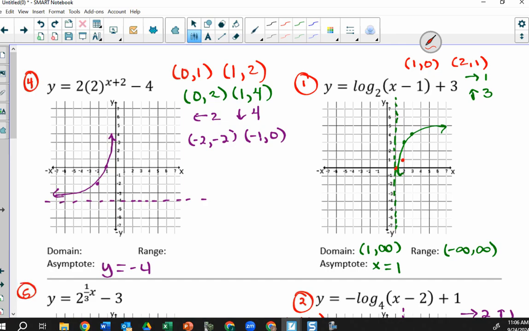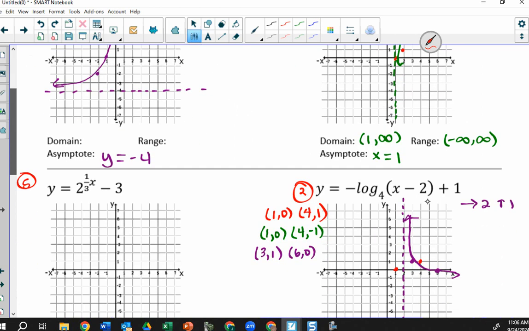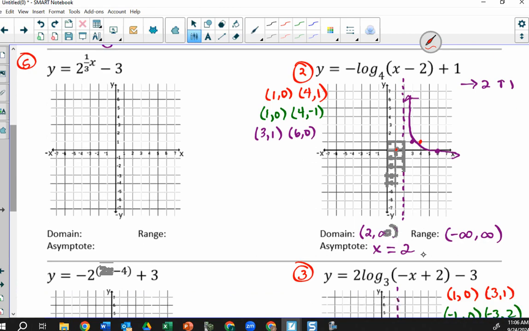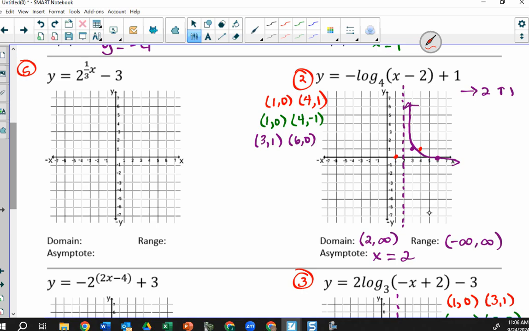That was not straight level. That's a squiggle. That was a goal. We're squiggling. For this one, factor out the 2 first. Yes, good.